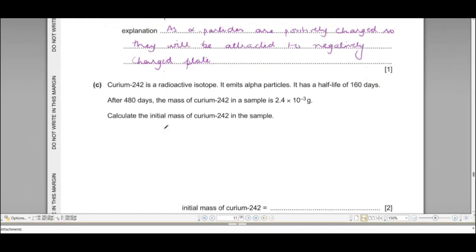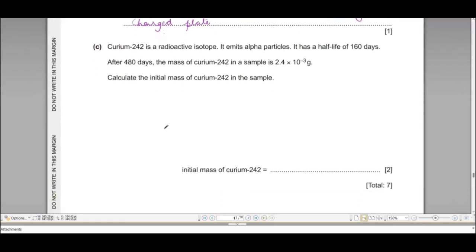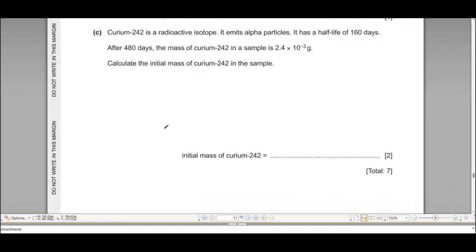Moving to part C, curium-242 is a radioactive isotope. It emits alpha particles. It has a half-life of 160 days. After 480 days, the mass of curium-242 in a sample is 2.4 times 10 raised to the power minus 3 grams. Calculate the initial mass of curium-242 in this sample.